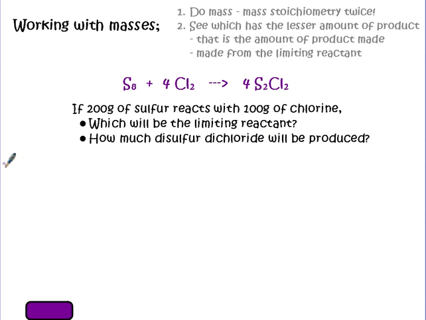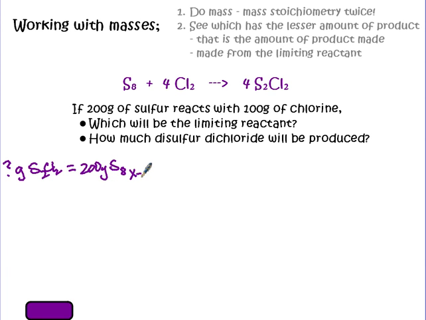So that's what we're going to look for. And I'll set that up here. I want to look at how many grams of this disulfur dichloride will I make. And first, I'm going to find out how much I can make with the 200 grams of the sulfur. And then I will do it with the chlorine.